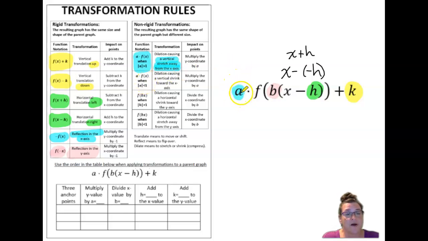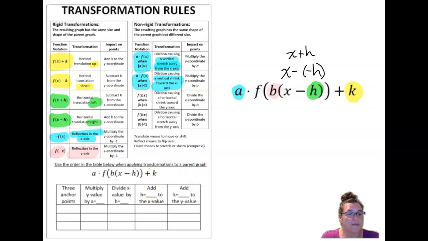So if your a was positive 2 or negative 2, that would not meet this criteria, because it wouldn't be less than 1. So what is a number less than 1 in absolute value? That would be a fraction like 1/2 or 2/3, or a decimal value like 0.3, 0.4, anything between 0 and 1 is going to meet this criteria where we end up with a vertical shrink toward the x-axis.